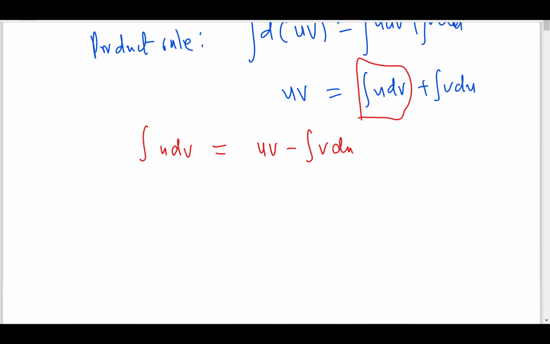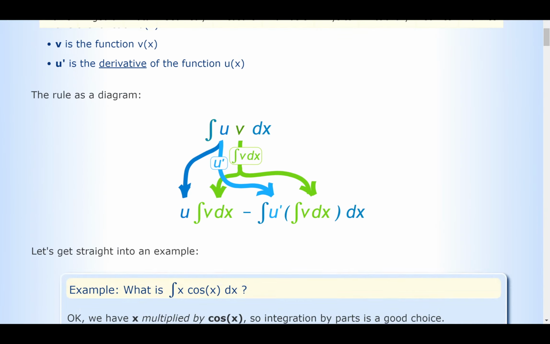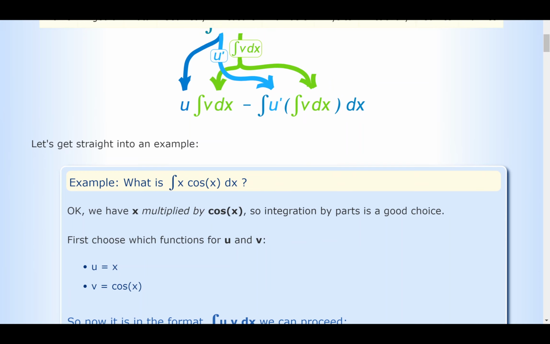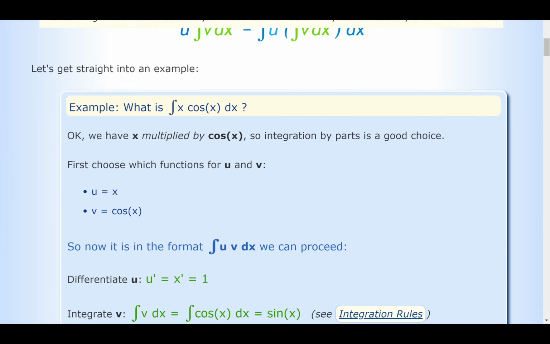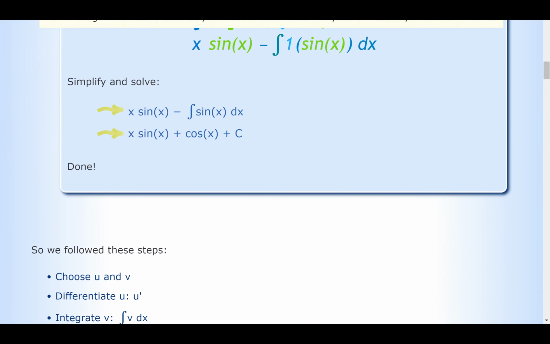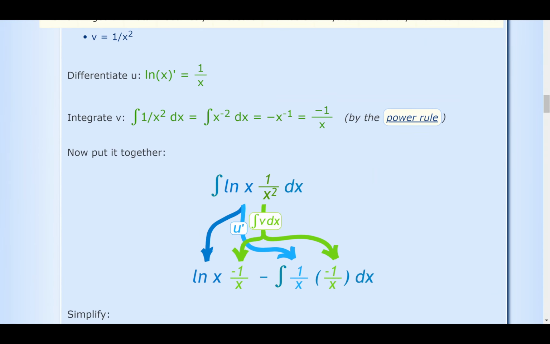Being given two functions, how do you decide which one is u and which one is dv? You decide on u and dv depending on some rules, which we can see later on, dear students.